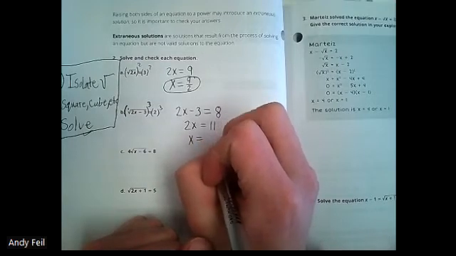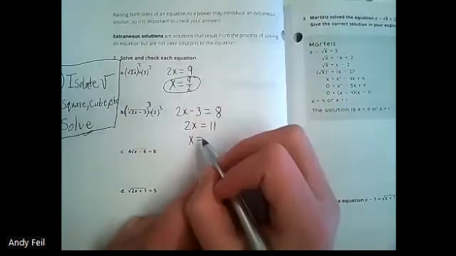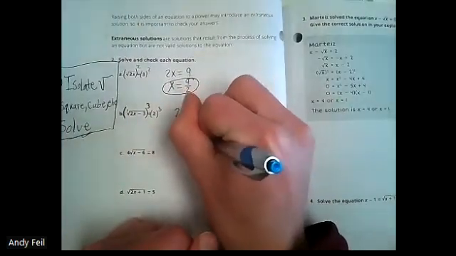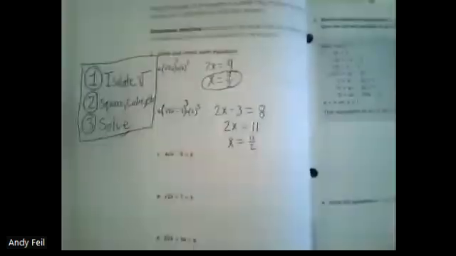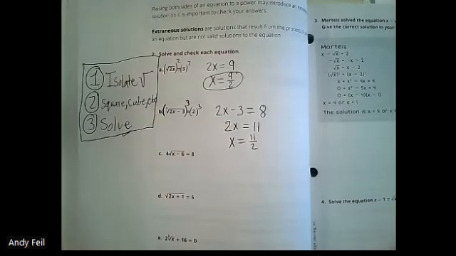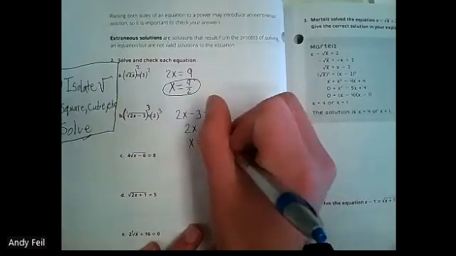What do we get? We get 2x equals 11. We divide by 2 and we get 11 over 2. Okay. Are we done? Yes.